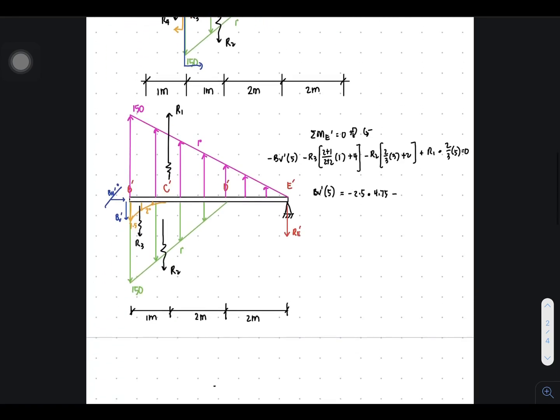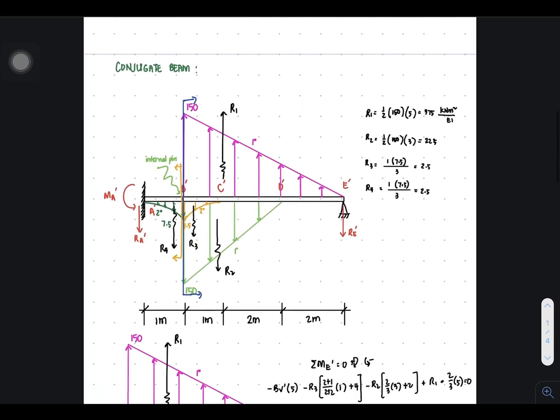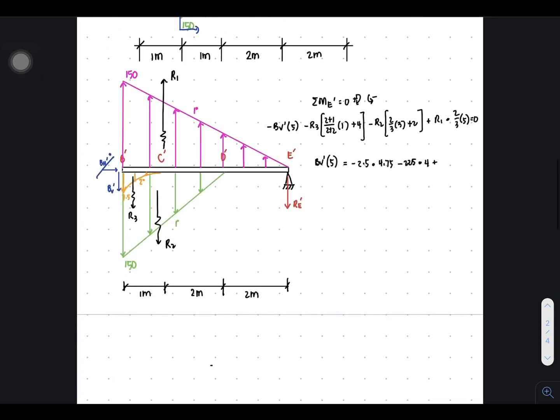R2 is 225. 225 times 2 times 3, 6 divided by 3, that's 2, then plus 2, so times 4, then plus R1. R1 is 375, so that's 375 times 10 over 3. So BV prime is equal to, so that's negative 2.5 times 4.75 minus 225 times 4 plus 375 times 10 over 3, and then divided by 5.